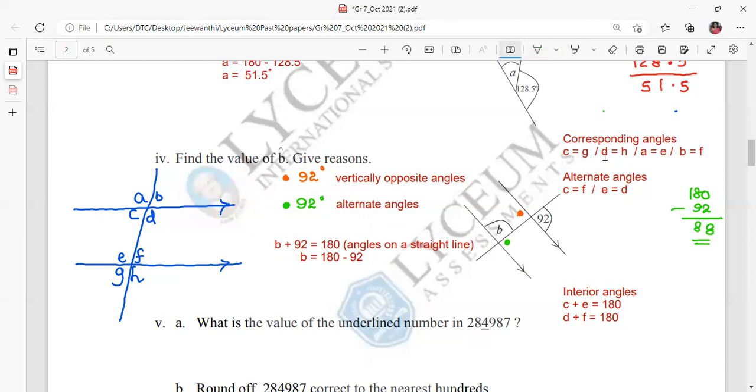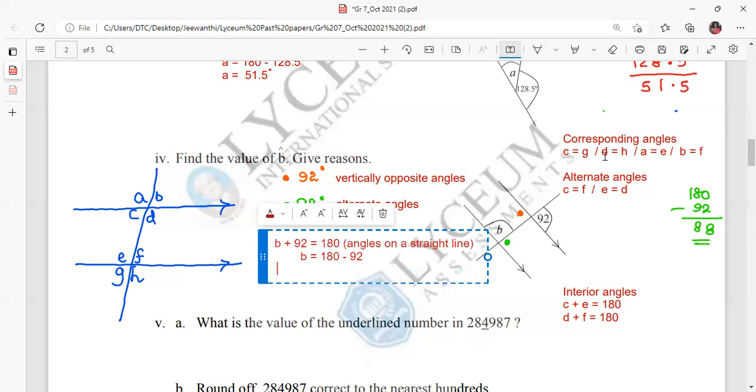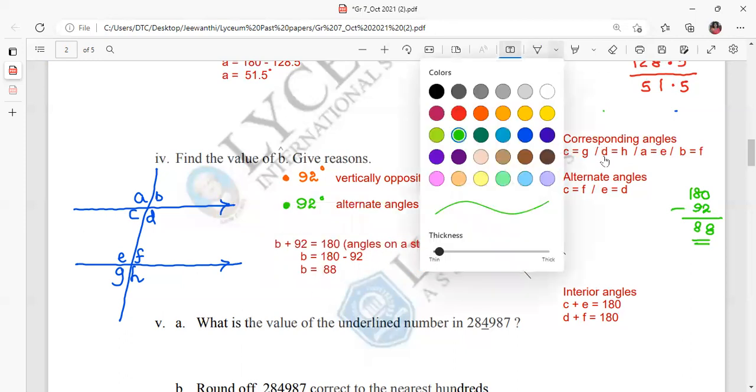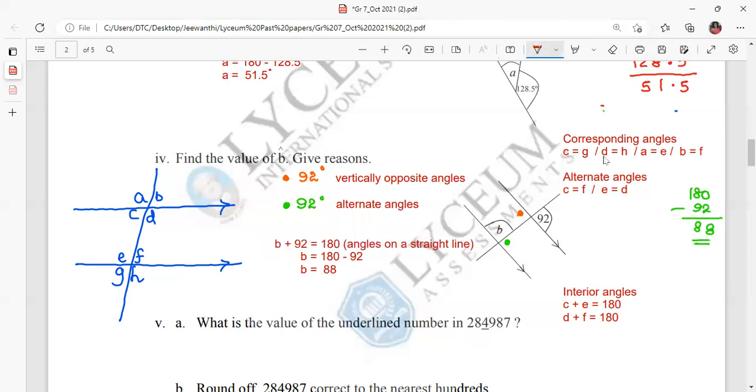So then how do we get the answer here? B is equal to 88 degrees. When you take it here, the degree value, it is important to use these degree values, children. So then it should be B is equal to 88 degrees.